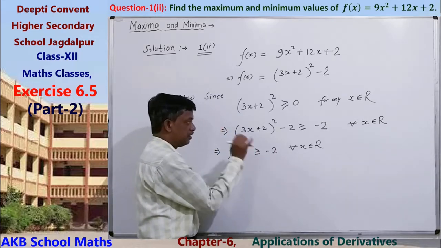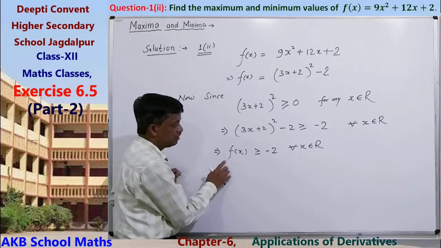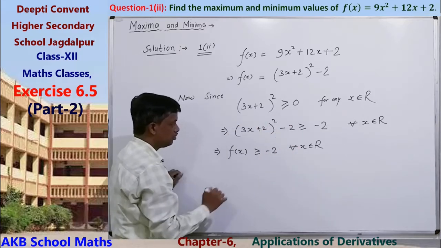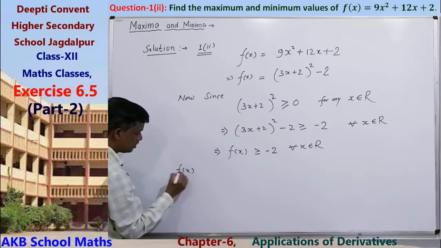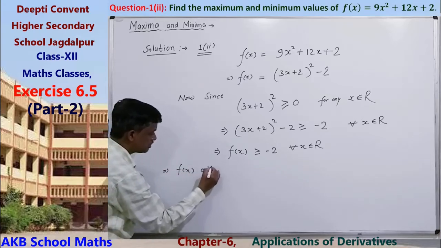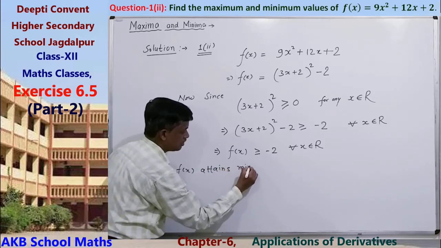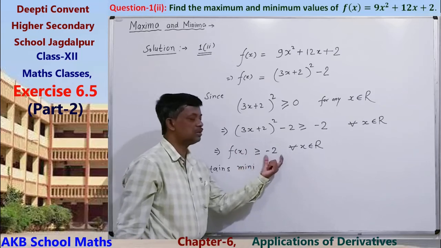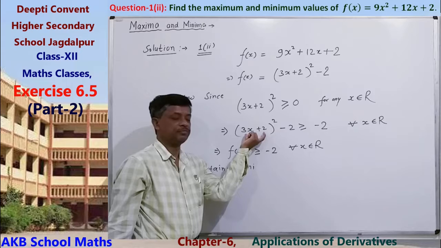Now, f(x) attains the minimum value of minus 2 whenever this square is equal to 0.